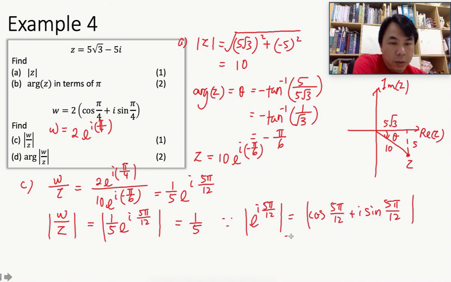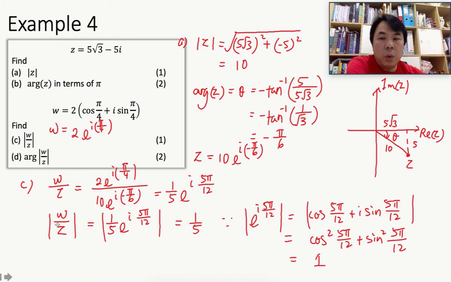So magnitude of this is basically referring to the square of this added up with the square of this one here. And basically it's just a Pythagoras theorem that we are working on, which is actually 1 unit. Now that's the reason why the magnitude of this ratio must be 1 over 5 there. So I hope that is clear at this point.